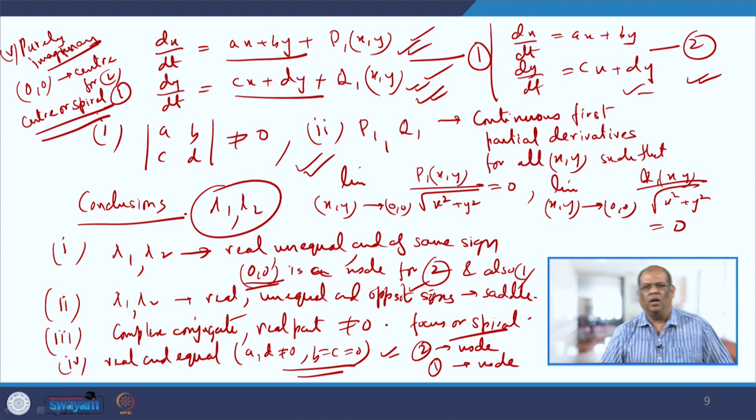So this is one deviation that you get: if it is purely imaginary roots, we know that this is a center, but for system 1 it can be a center or it can be a spiral.